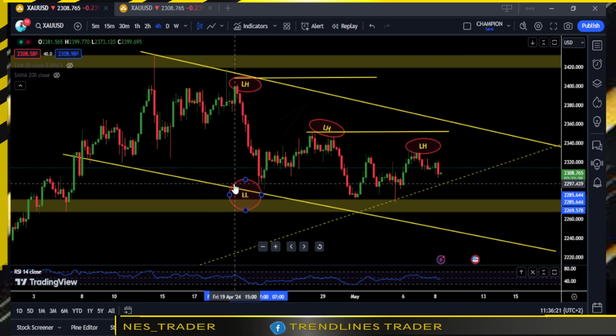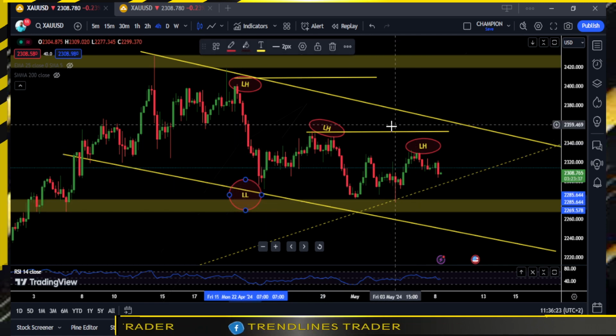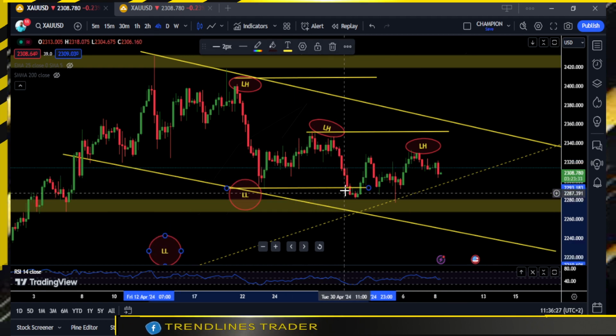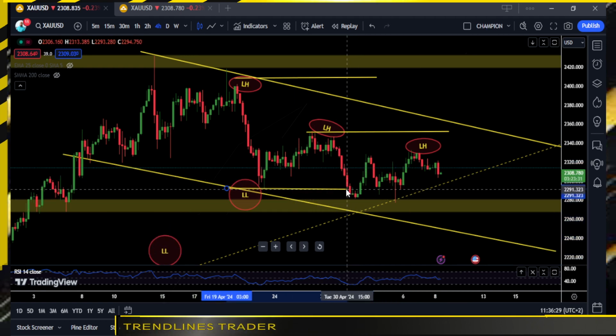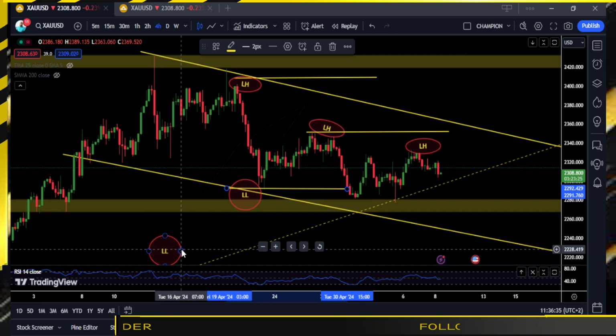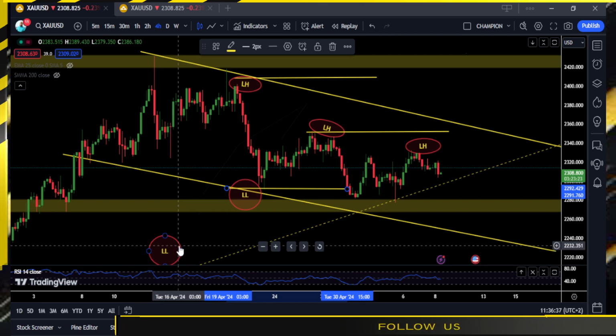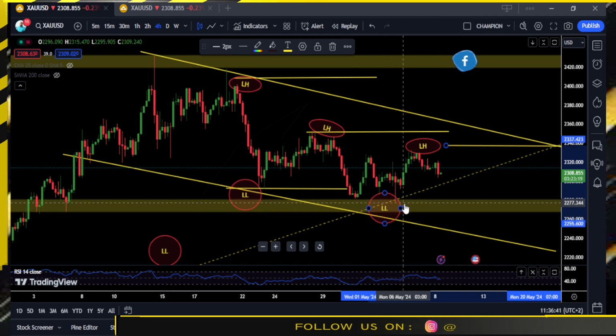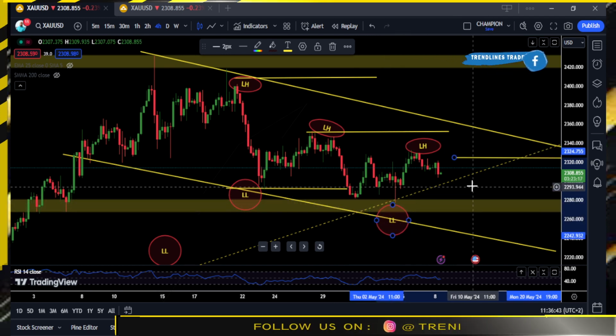Why I'm saying it's our lower low, the price didn't manage to break. Remember, we have to break the previous lower low to end up having the current lower low. So as the price didn't manage to break, here we've got our lower low again.